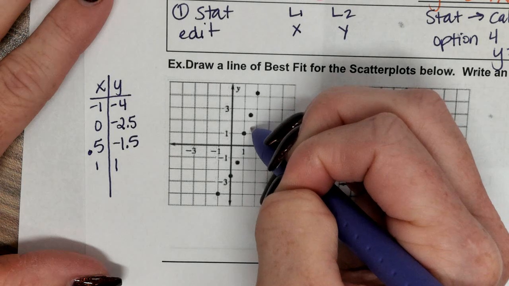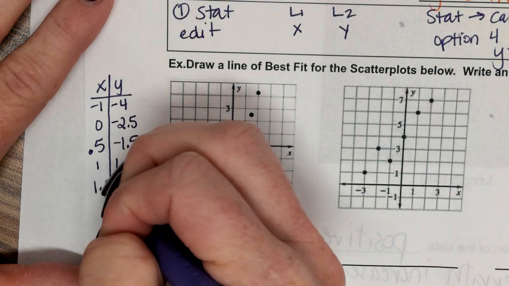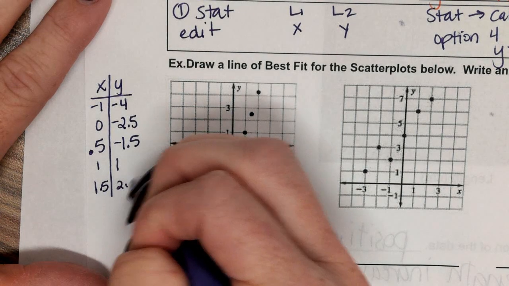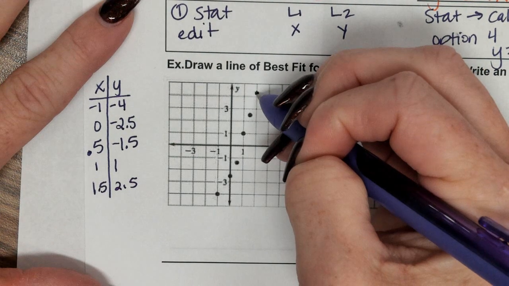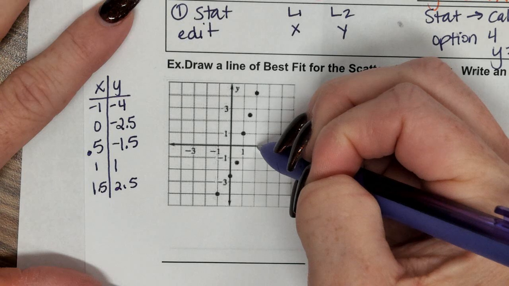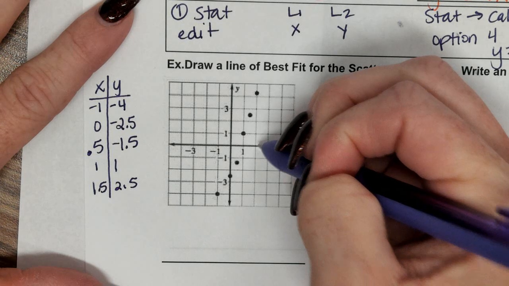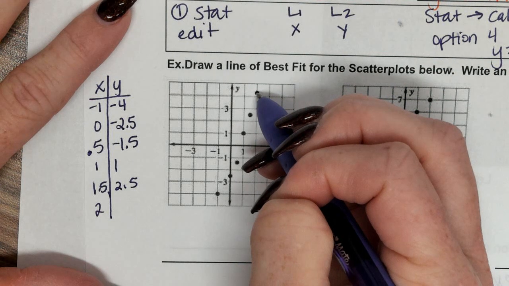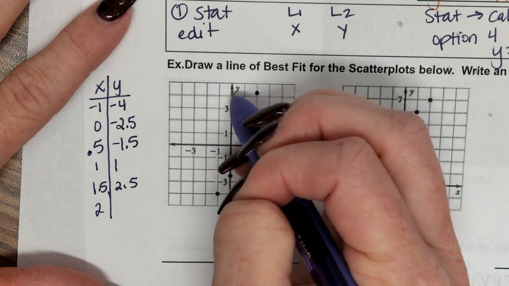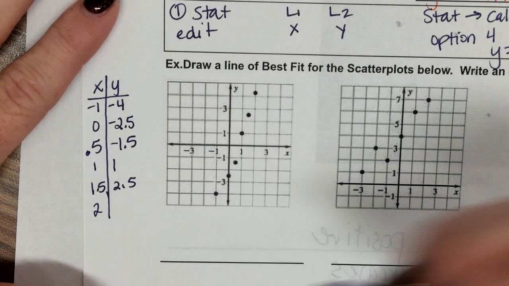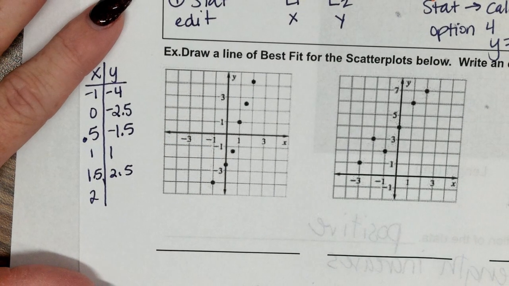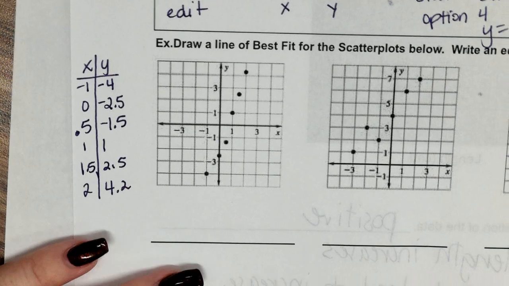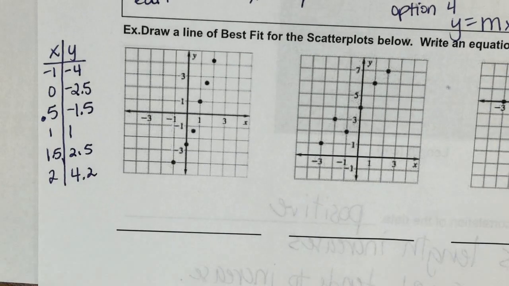On the x-axis, 1.5. On the y-axis, 2.5. And then this last one, on the x-axis, I'm at 2. Now this one, I don't think I would round it to 0.5. I'm like at 4.1 or 4.2. So what do y'all want to put? 4.2? All right.